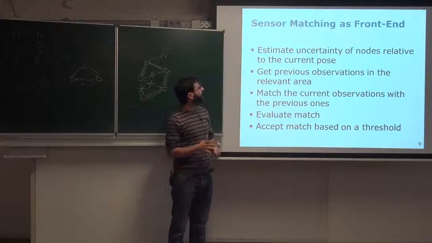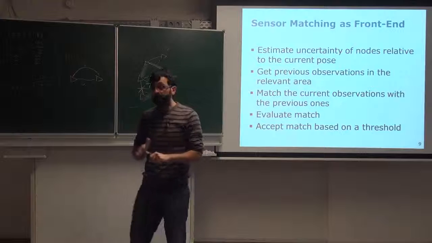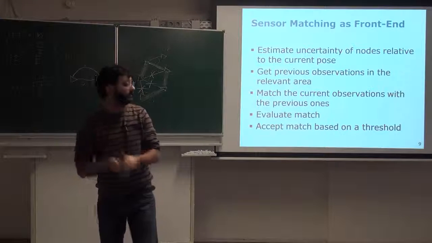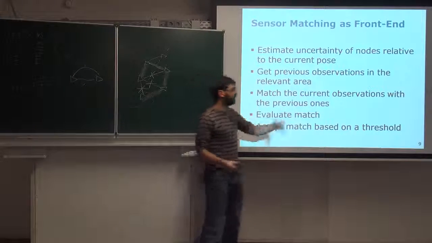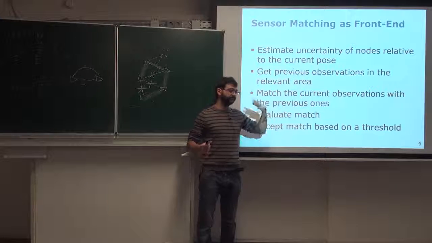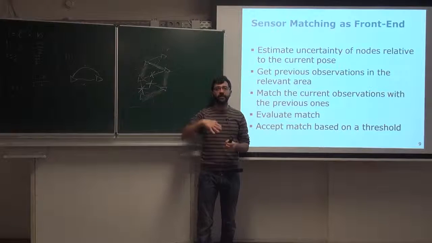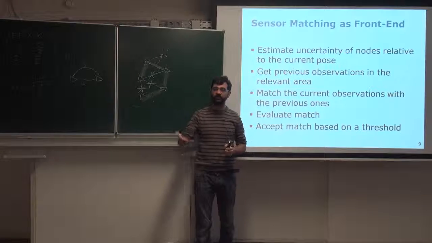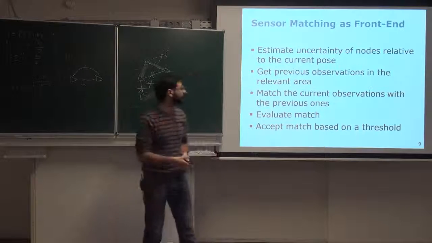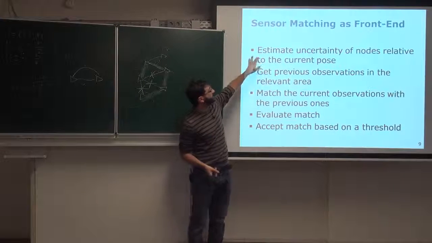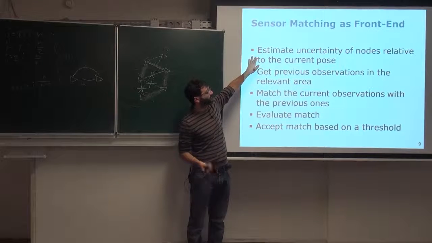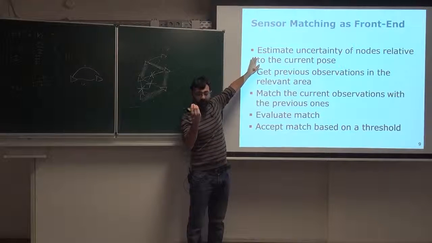Now, the next things to do, since we want to describe this matching from a front-end point of view, is to figure out what we need for sure. The first thing that we need is that we want to have not only the pose, but also the uncertainty.